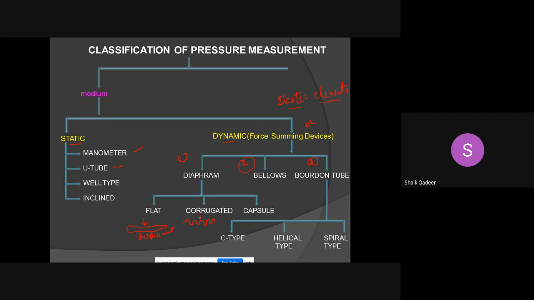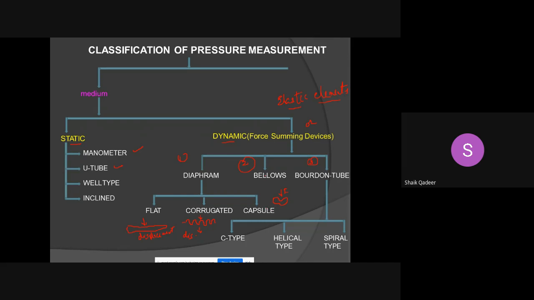Here also, in one direction force is applied, and in another direction displacement is created. Capsule means the shape of the diaphragm is a capsule shape, something like this. In one direction force is applied, and in another direction displacement is created.